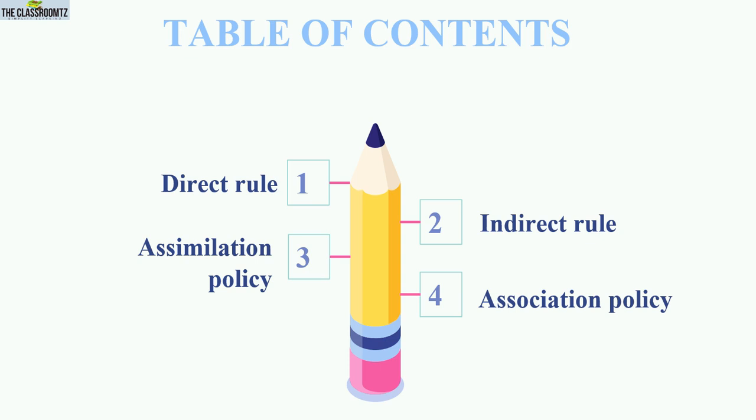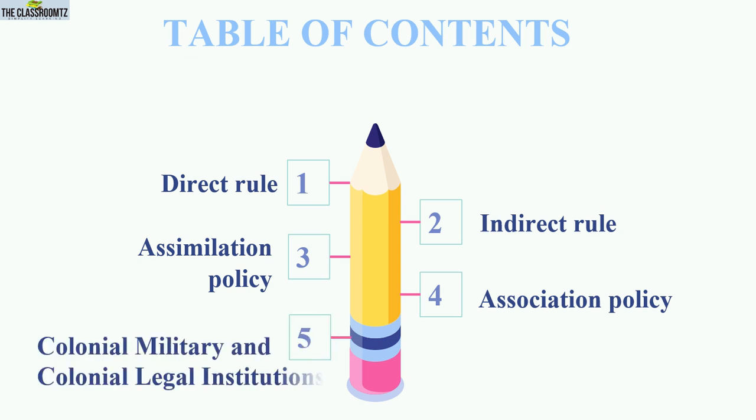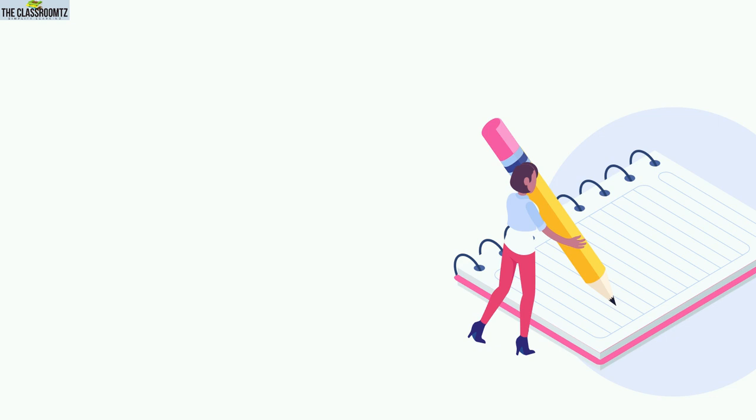After the assimilation policy, it's going to be the association policy, and lastly we are going to check the colonial military and the colonial legal institutions. This is our table of contents, or the list of things we are going to cover from the beginning up to the end of our topic. So here we go. Let's start with our first discussion.